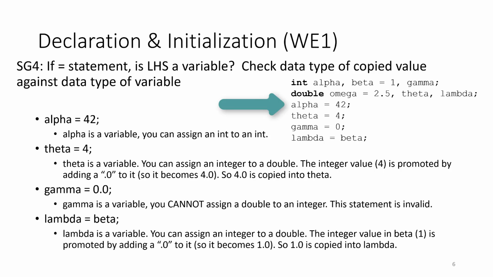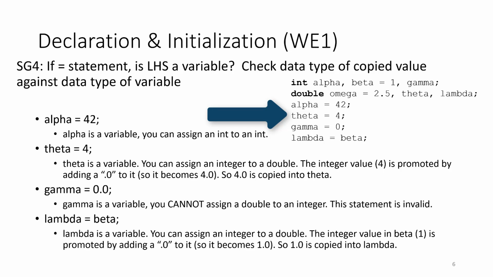So first we have the statement, alpha is assigned the value of 42. Alpha is a variable of type integer, so you can assign an integer to it, and we already noted that 42 was an integer. So the value 42 can be assigned to alpha. Theta is assigned the value 4.